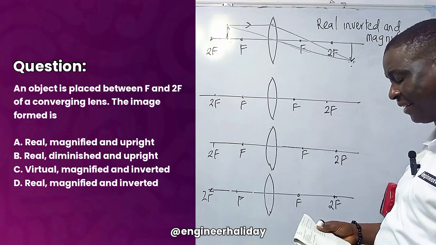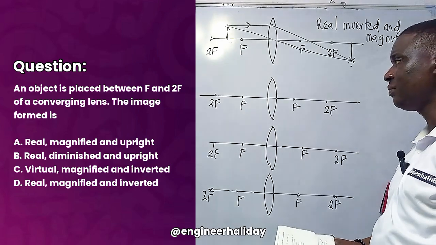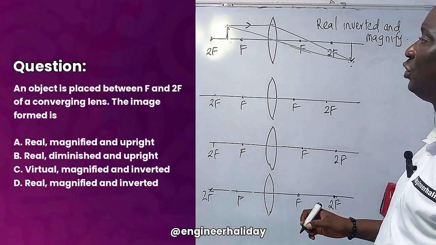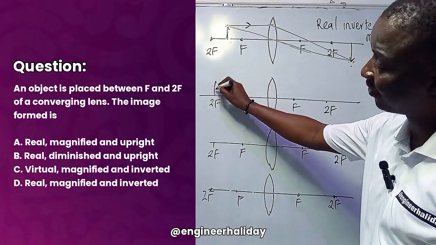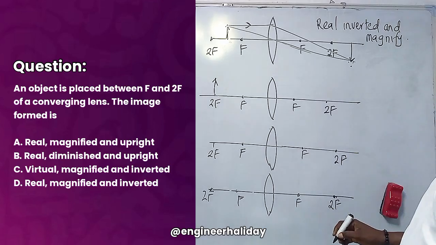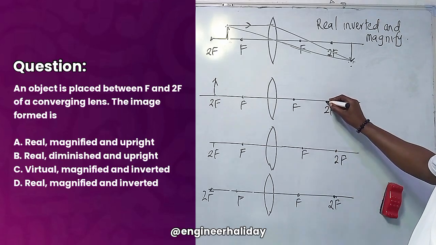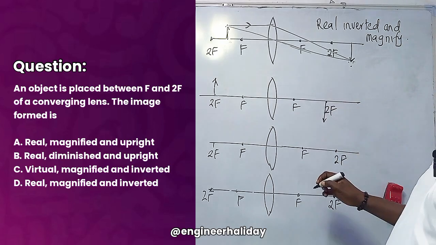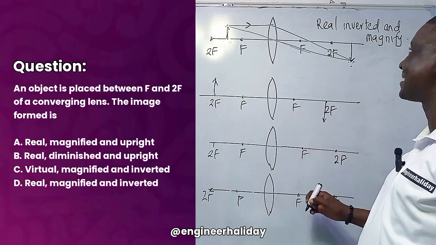Real, magnified, and inverted. But what if they put the object at 2F? Please take note of that. If they put the object at 2F, the image will also form at 2F, and it will be the same size as the object.